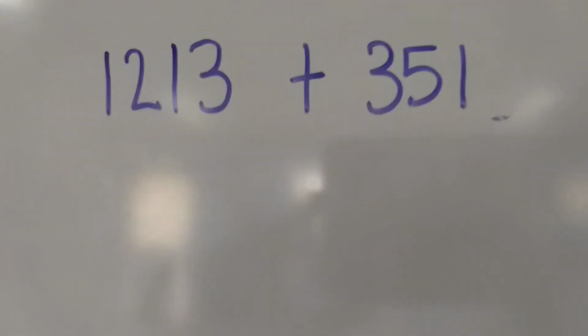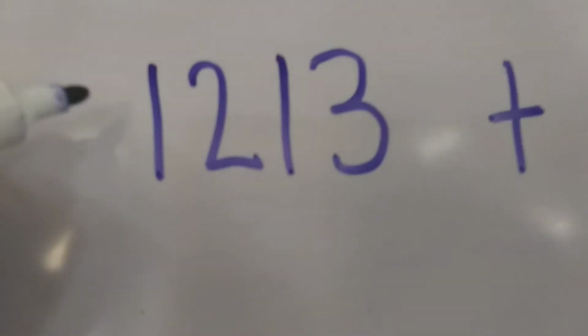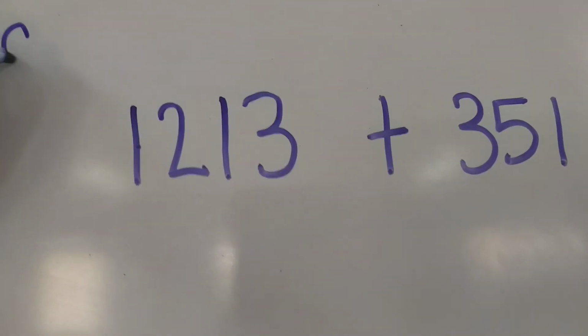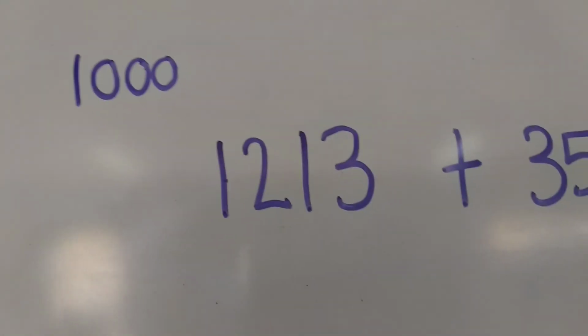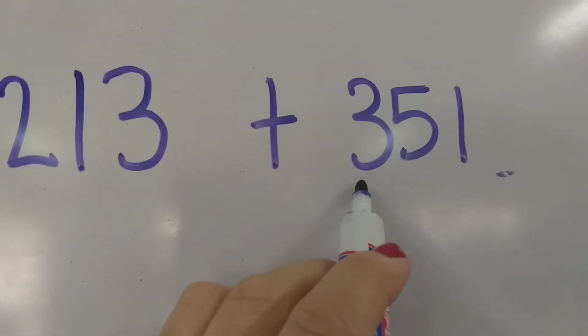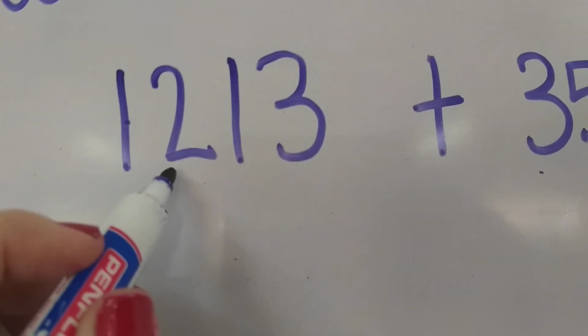There's our sum. Remember, 1,000 goes in a group on its own. There's no 1,000 here, so don't worry about it. It's not a big deal.